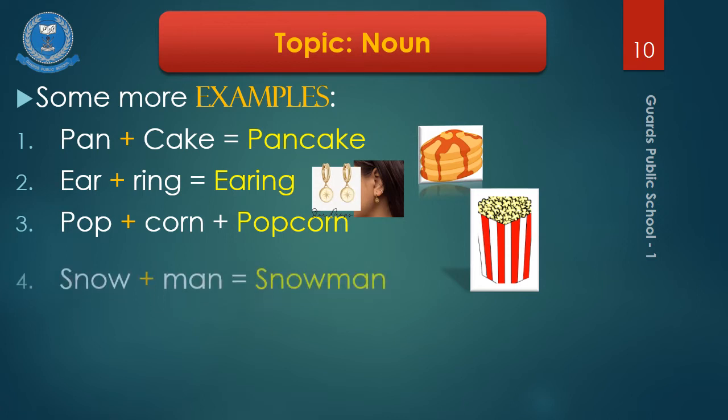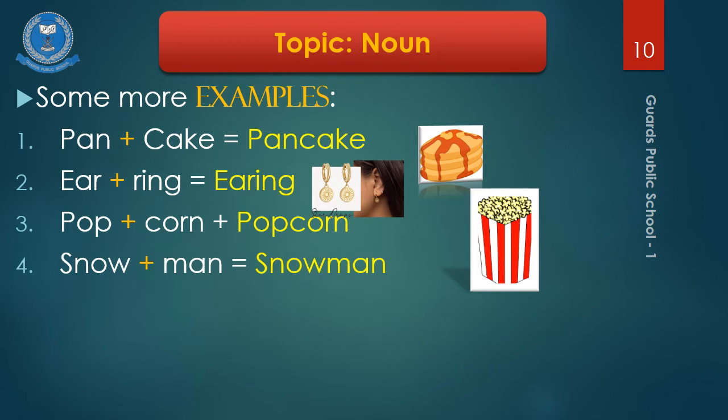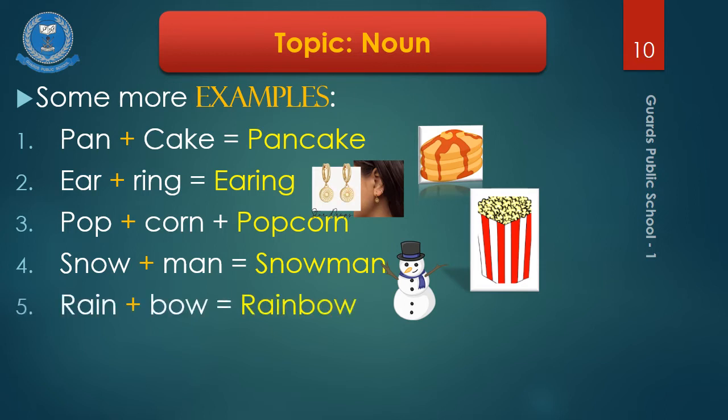Number 4, snow plus man is equals to snowman. Number 5, rain plus bow is equals to rainbow.